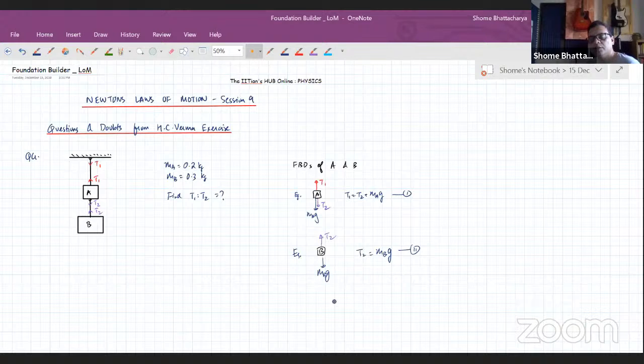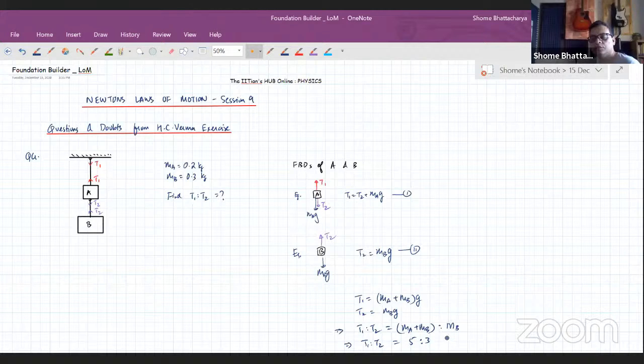So from equation 1 and 2, you can see that T1 is equal to (MA plus MB) G, and T2 is equal to MB G. So T1 is to T2 is the sum of their masses is to the mass of B. So that is going to be 5 is to 3. So that will be the ratio of the tensions. So this should be your answer.